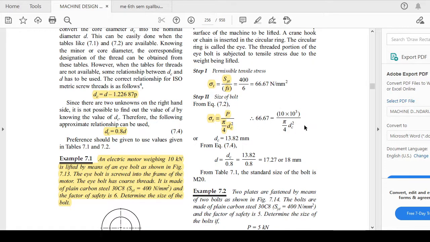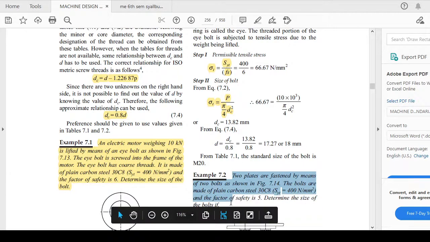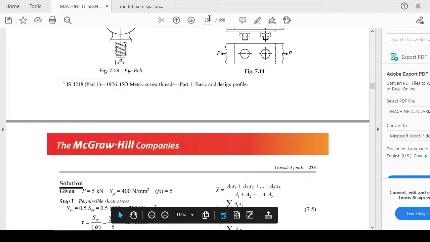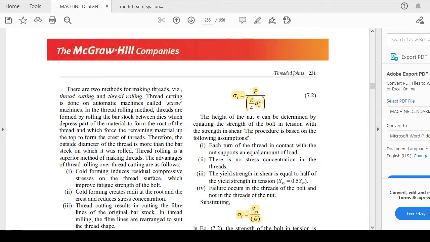You can calculate it easily, and after that you can calculate D, the standard size of the bolt. With this simple formula you can design any kind of bolt or do any calculation related to bolt design. Most of the things are given, and these are very easy numericals in your chapters related to bolt design.